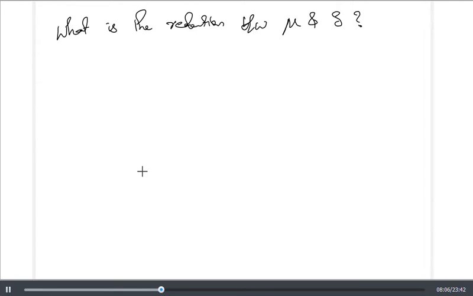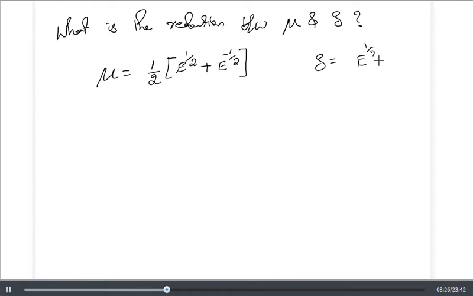Initially I have mu equal to 1 by 2 into e power 1 by 2 plus e power minus 1 by 2, whereas delta is e power 1 by 2 minus e power minus 1 by 2.